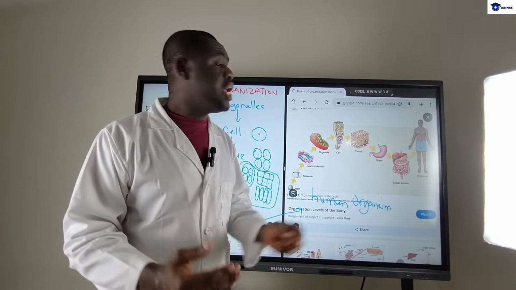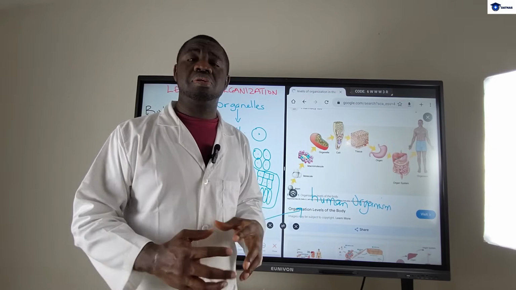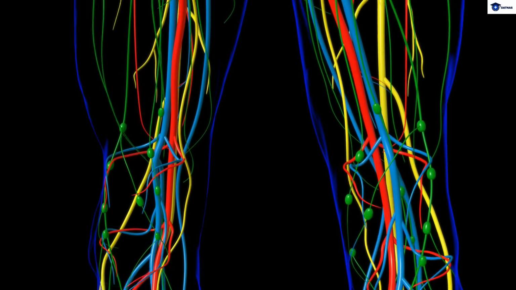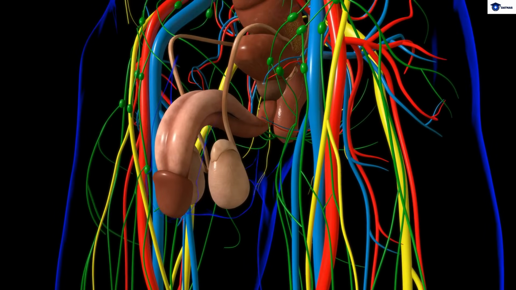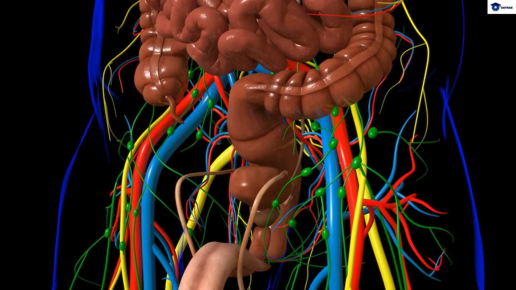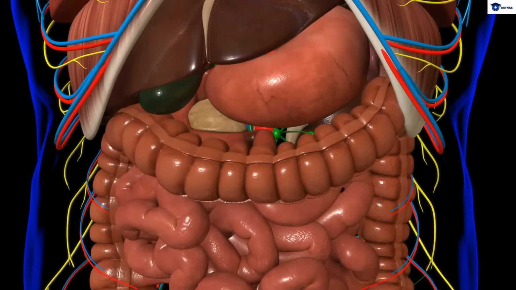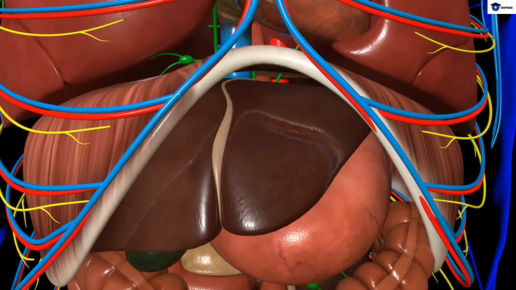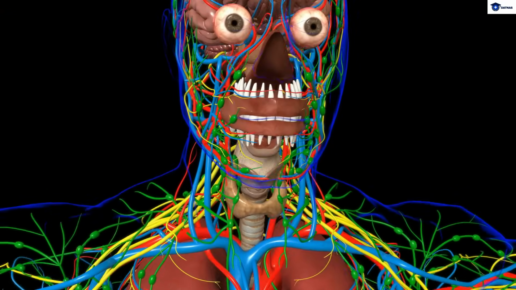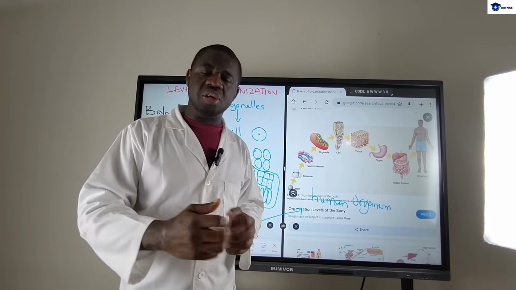So, to be called a human, that means you must have multiple systems that work together. If a system is absent in the body, you can't be called a human organism. The human organism consists of multiple systems that work together to ensure the normal functioning of the body.